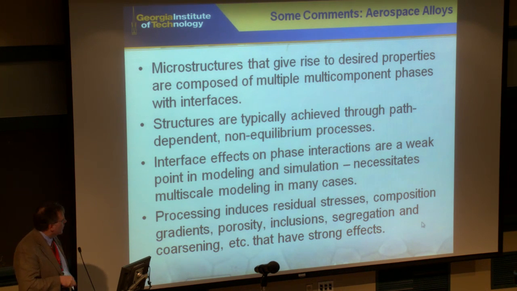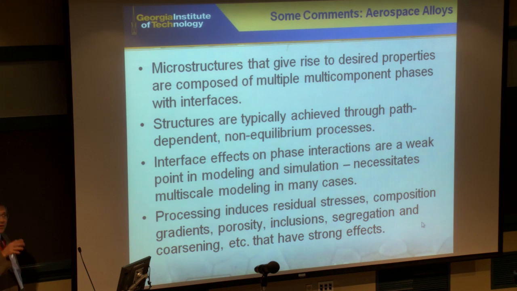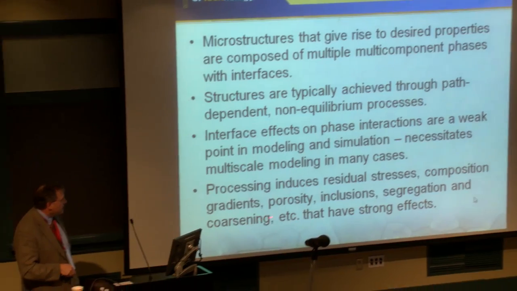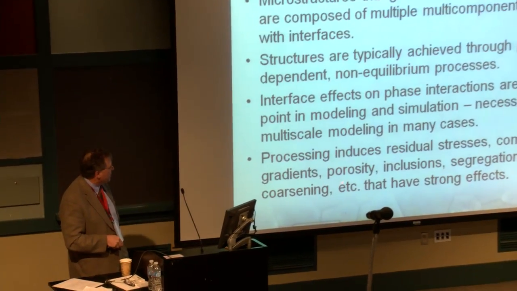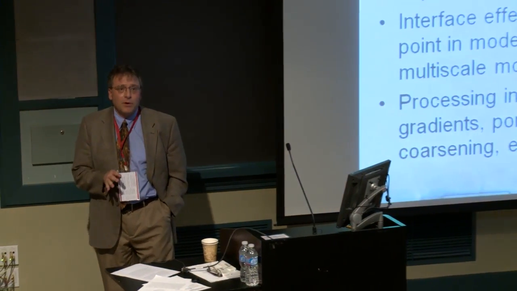I would also add that processing matters. You take these aero alloys, residual stress is terribly important. Of course, we want them in there in terms of laser shock peening or shot peening to improve fatigue resistance. But they arise also through thermomechanical processing, and can be alleviated with heat treatment. Composition gradients, even at the micro scale, porosity, inclusion, segregation, coarsening, these all have a strong effect.